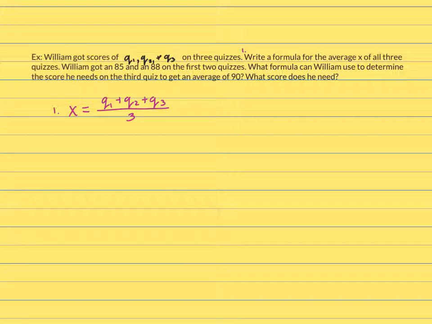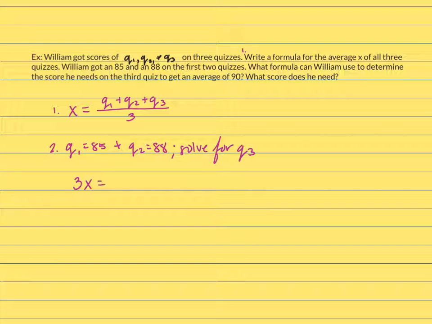Okay. Then it says for step 2 that Q1 is equal to 85 and Q2 is equal to 88. They want us to rewrite the formula we had in step 1 to solve for Q3. So the first thing I'm going to do is multiply both sides by 3.